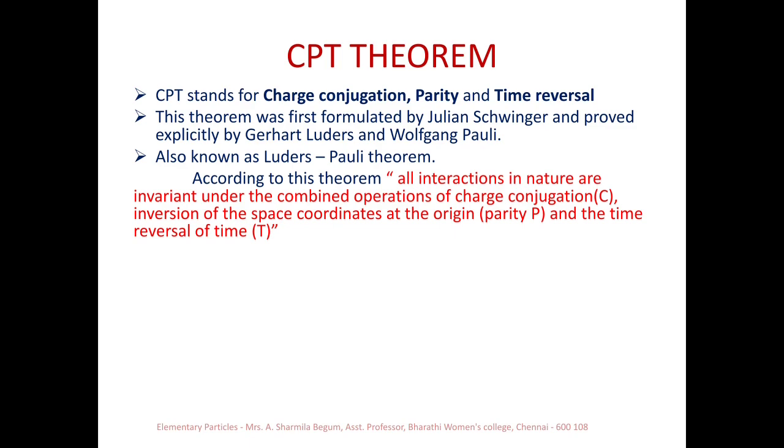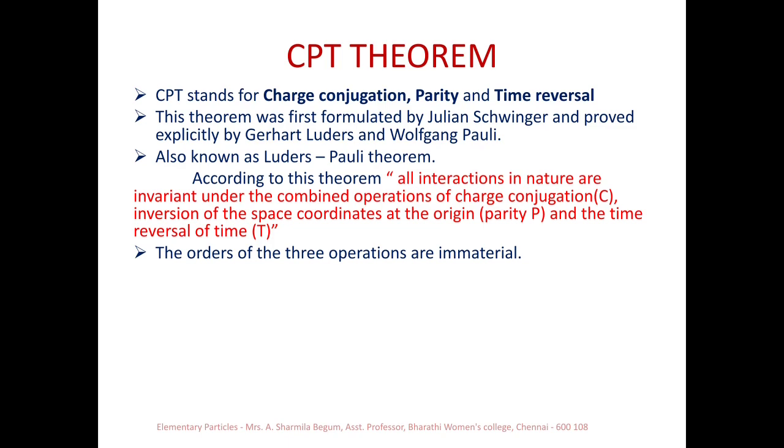According to this theorem, all interactions in nature are invariant under the combined operations of charge conjugation, inversion of the space coordinates at the origin, that is the parity P, and the time reversal. The orders of these three operations are immaterial.